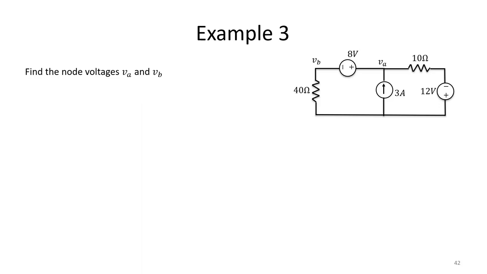First thing you can ask yourself is, is there anything special about that area? Well, this is a supernode. There is a voltage source between two nodes. So, first we want to recognize that there is a supernode.